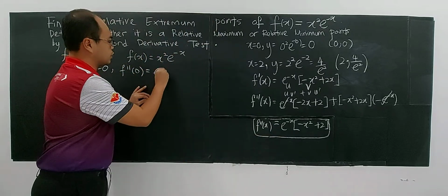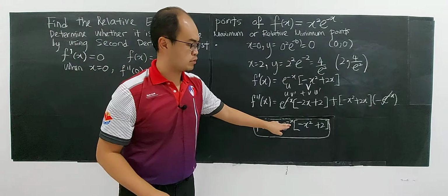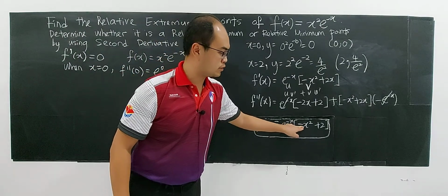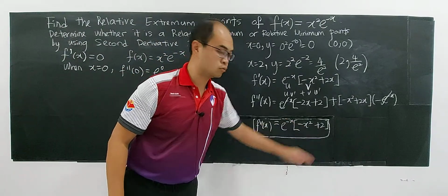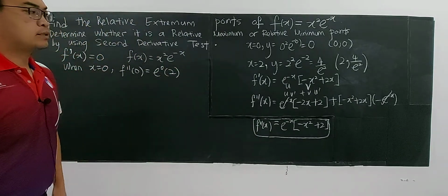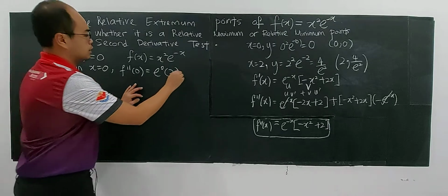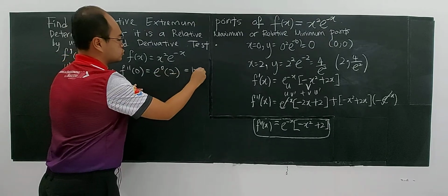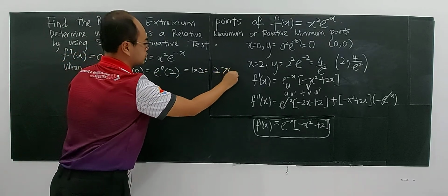You have e to the power of 0, which is 1, and negative 0 is 0. Then you have 2 here. So this is 1 times 2, which is 2, a positive number.